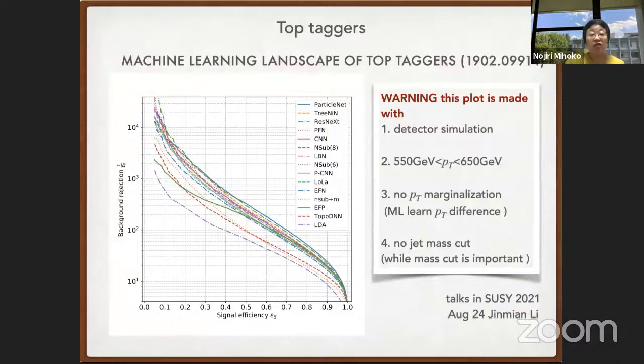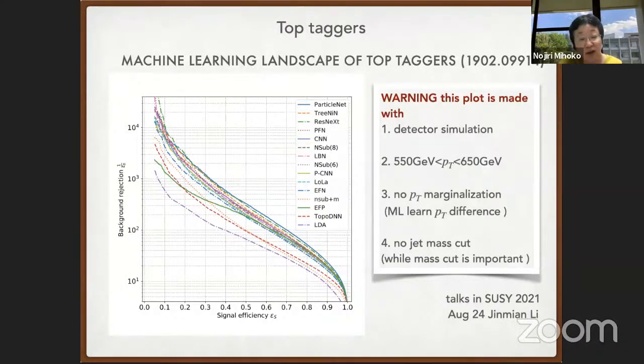And here is a list from a summary paper from 2 years ago, and you can find that there are many top taggers created by using a neural network system with various inputs.